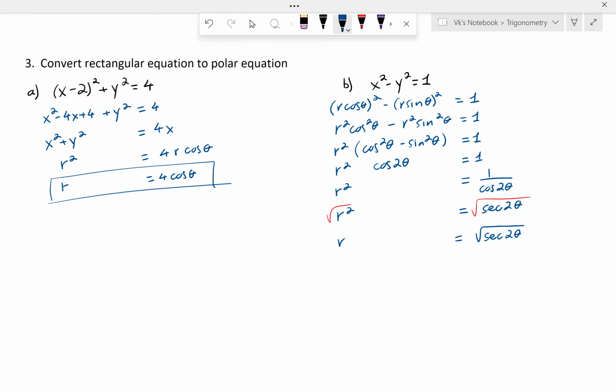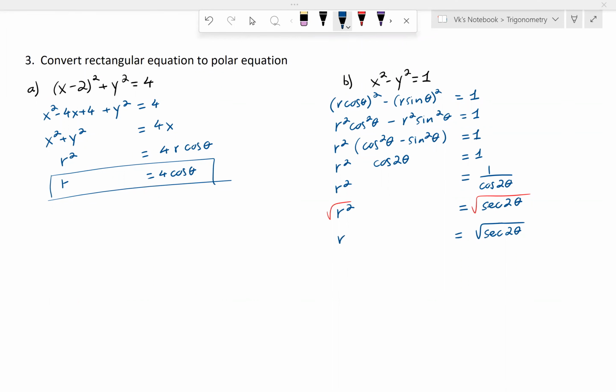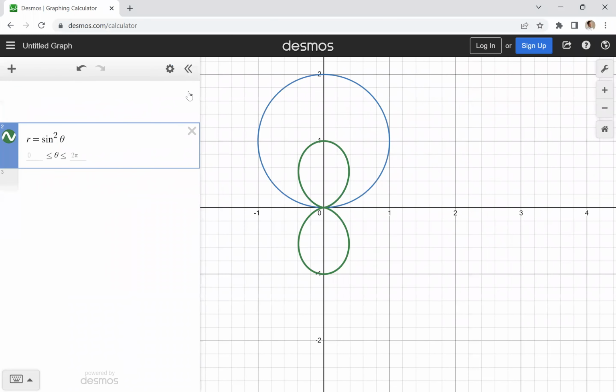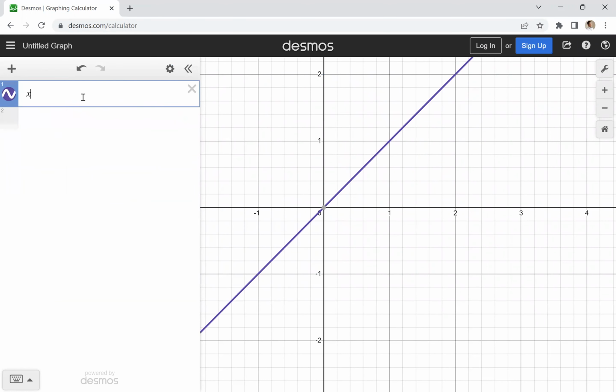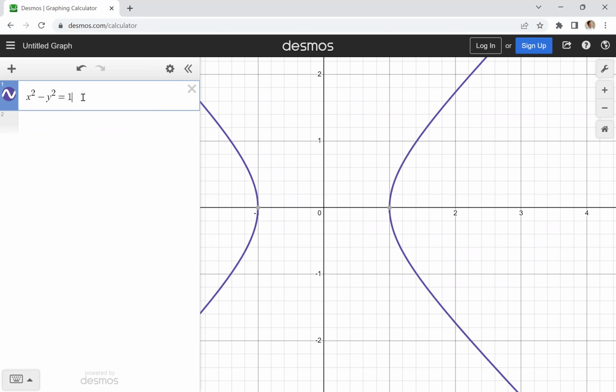We know x squared minus y squared equals 1. It is a hyperbola. Let's sketch both of them on Desmos to confirm that we get the correct answer. Okay, the first graph is x squared minus y squared equals 1.